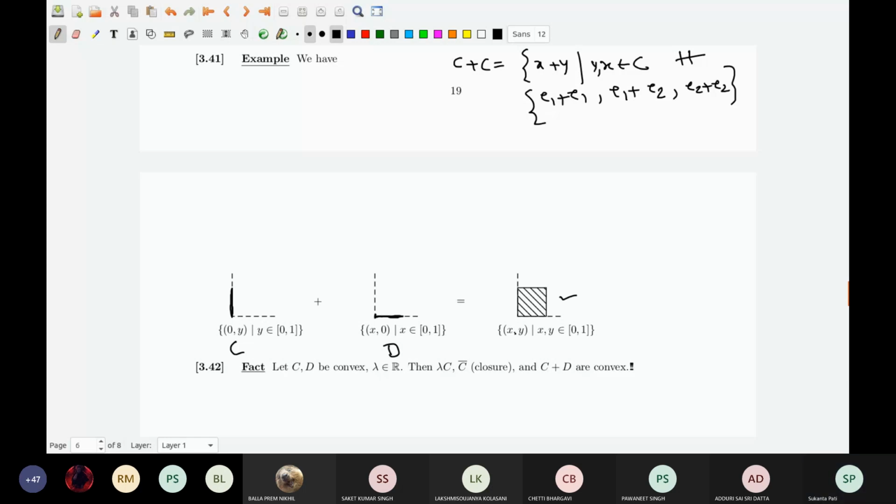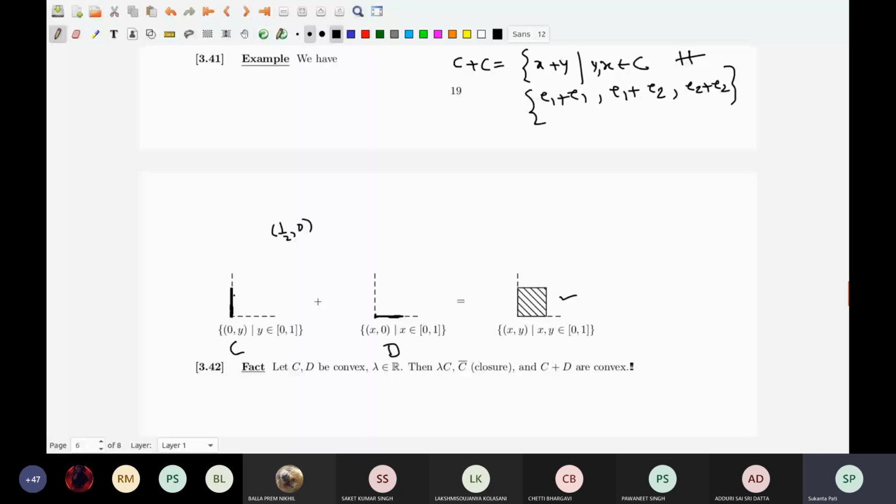Now look, this one is 0 0 to 0 1, that is fine. I just want to add it with the point half comma 0. Now if I add it with a point half comma 0, that means it is a translation. Every point over here will get translated to half comma 0.